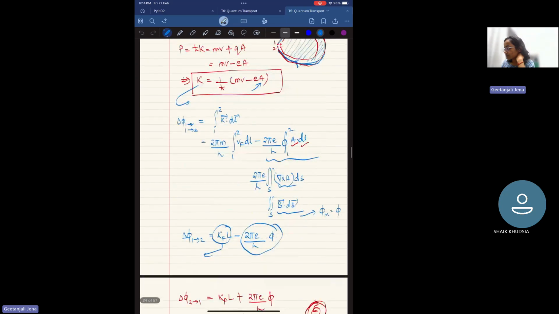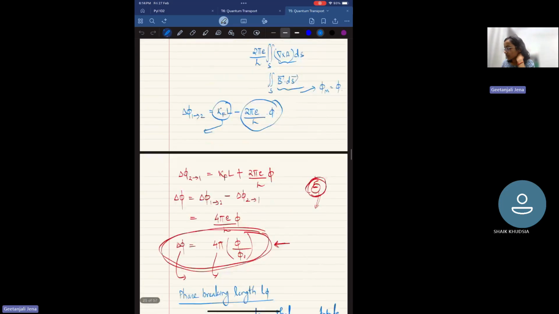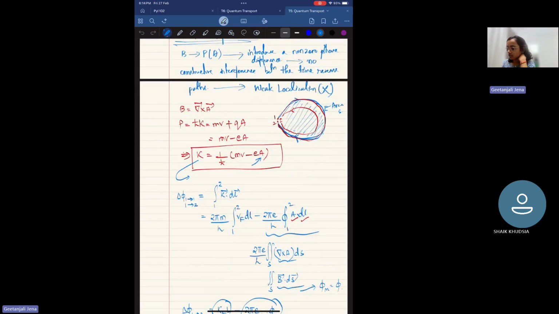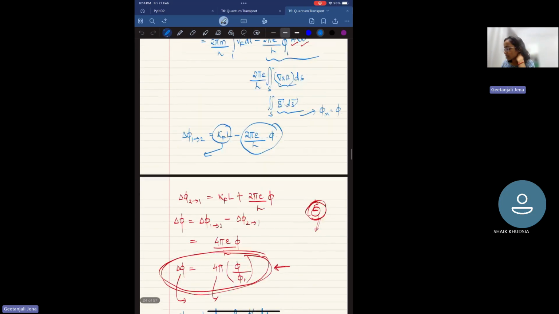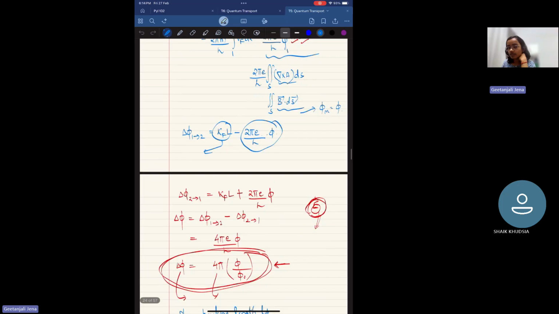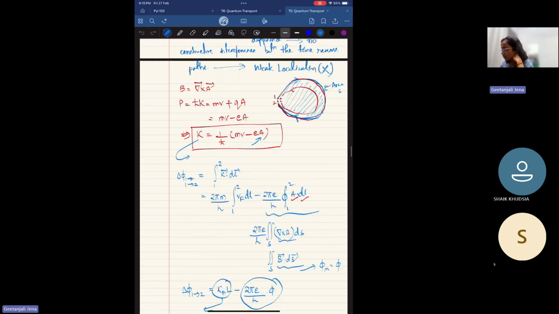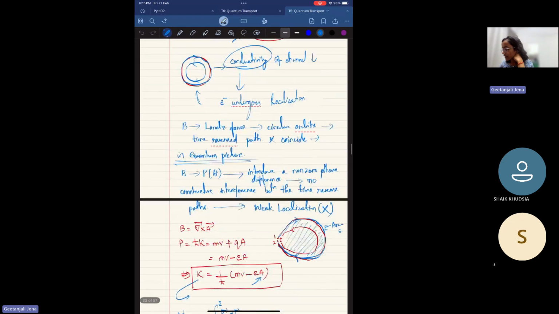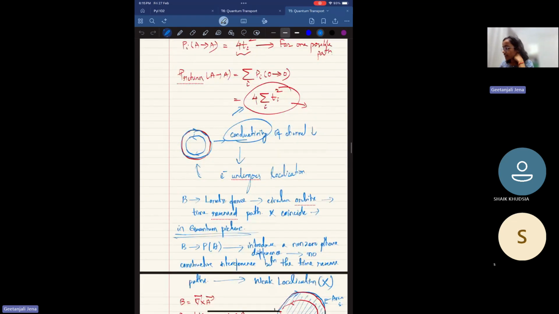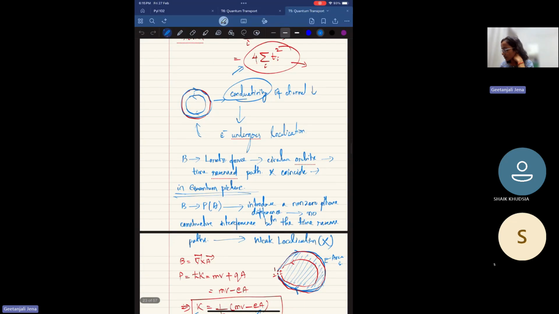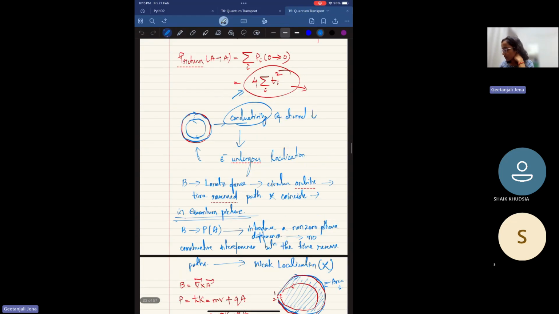If you recall, for one path and its time-reversed path, the probability for the forward direction is 4 times t square, the summation of t square.